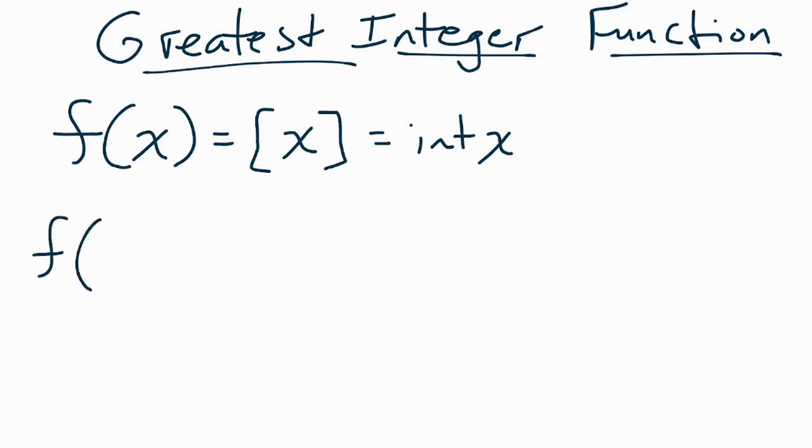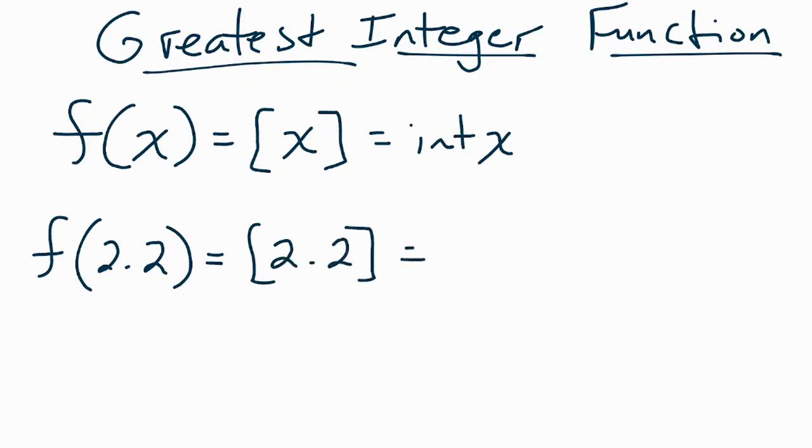Let's just try a little bit of input-output for a moment. If I input 2.2 into the greatest integer function, what I need to output would be the greatest integer that's not greater than 2.2. What is the greatest number that's not greater than 2.2?